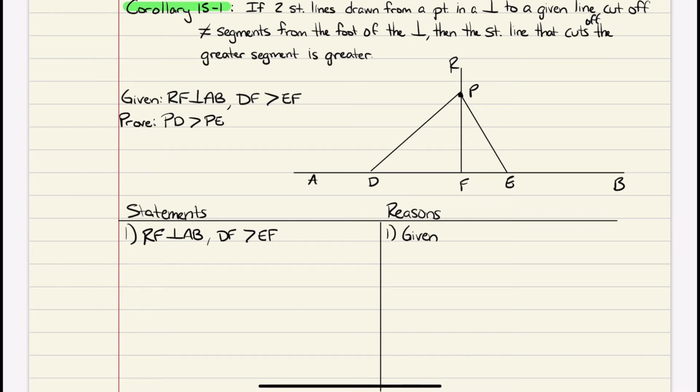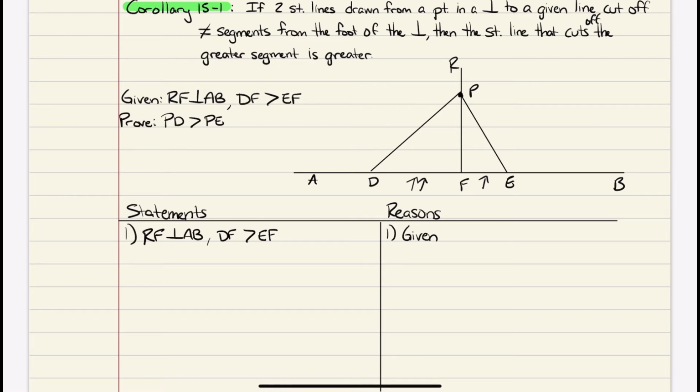And so let's say that we've already stated that this line is bigger than this line. DF is greater than EF, and we're trying to prove that this line is greater than that line. Okay, let's talk about this. We've already stated that we have perpendicular lines and that DF is greater than EF.